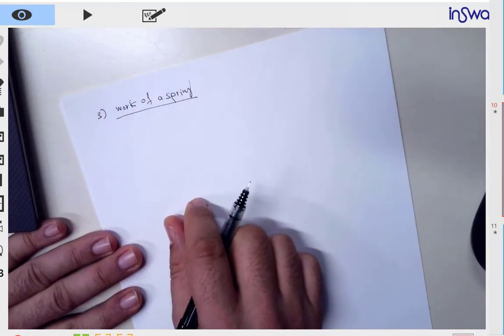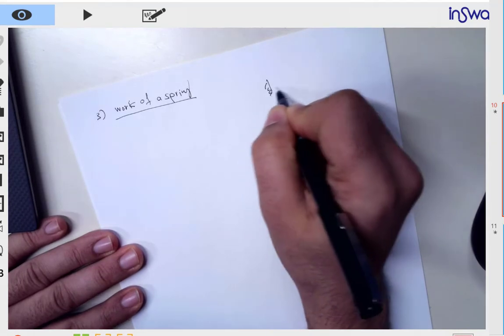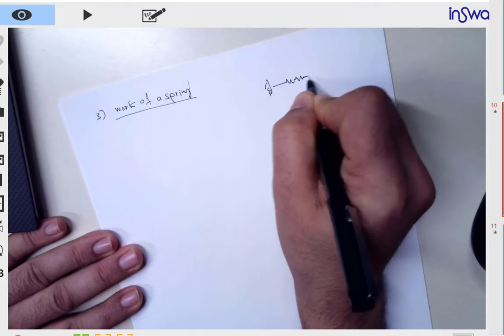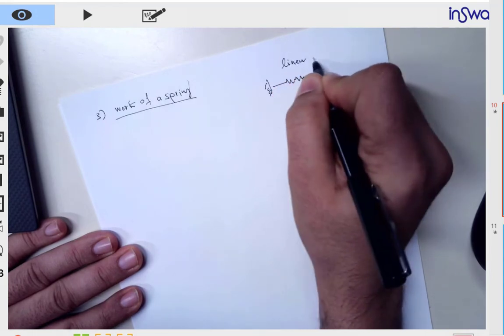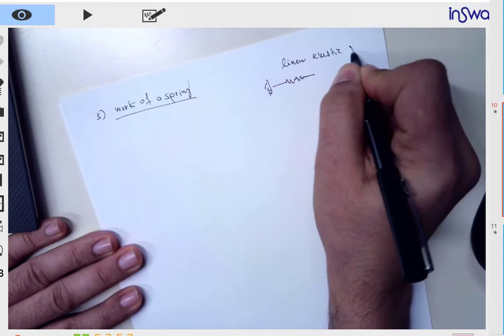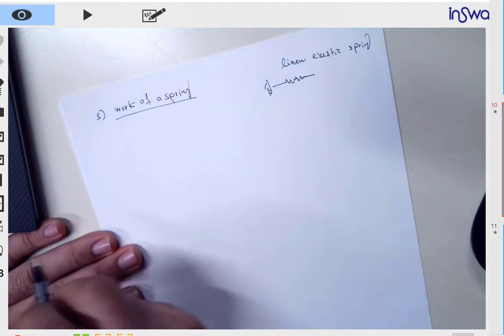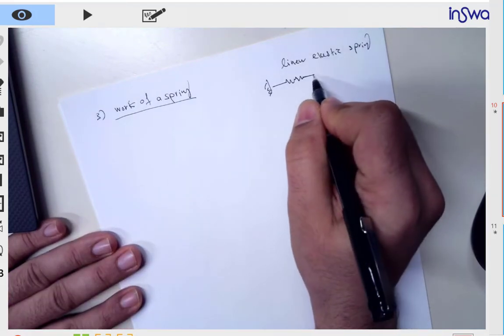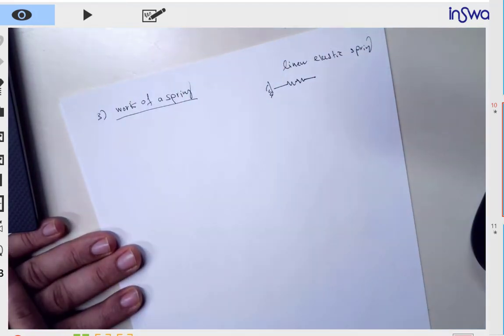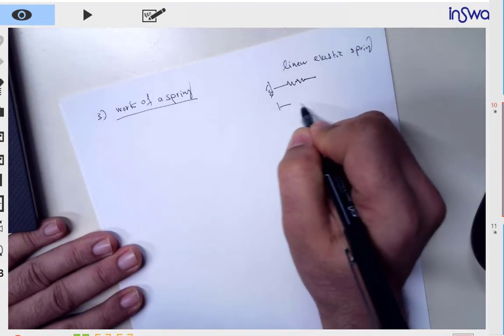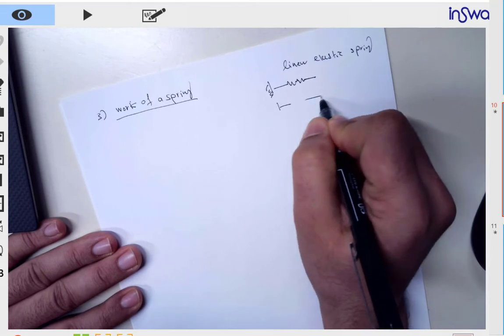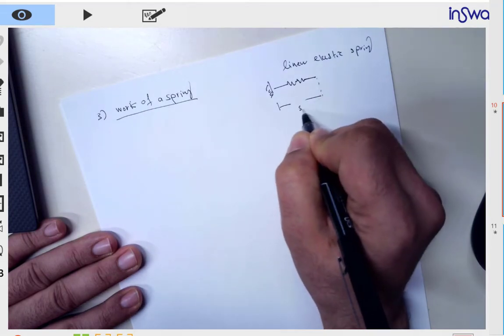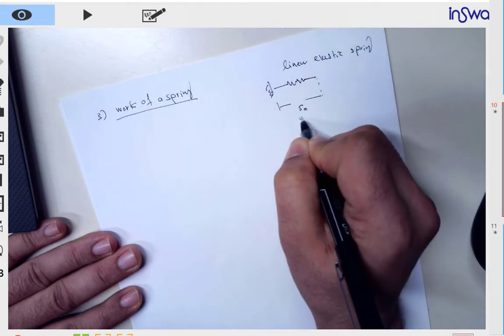So when we have a linear, let's say a linear elastic spring, okay? And for the beginning it is not attached to any external force. And let's suppose that this location over here is the unstretched position.